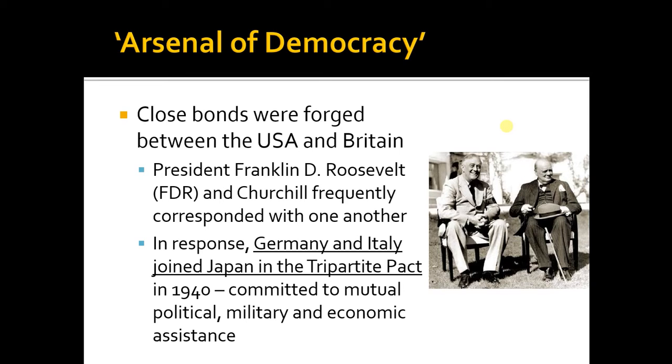In response, Germany and Italy, which were already under the Rome-Berlin Axis, joined Japan in the Tripartite Pact in 1940. These three countries joined together would form what we now know as the Axis powers. This committed the three countries to mutual political, military, and economic assistance. Basically, they would help one another during the course of the war.